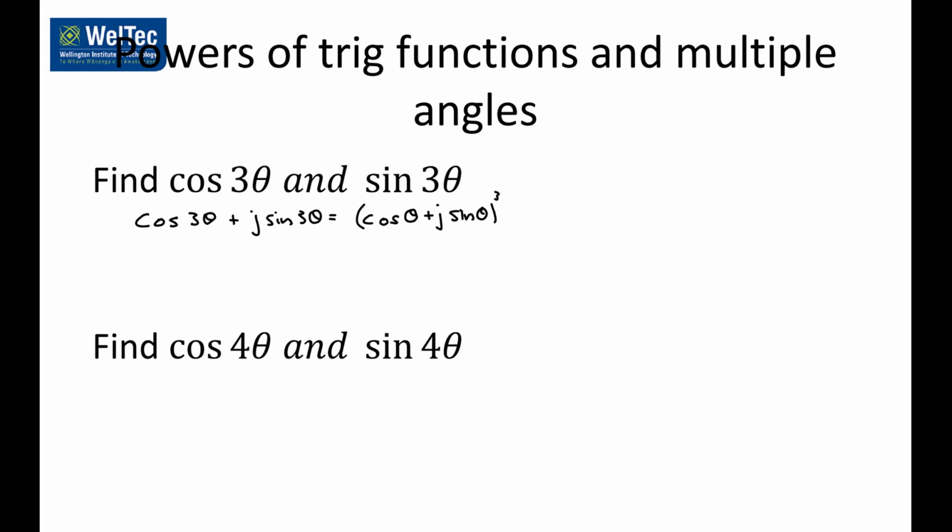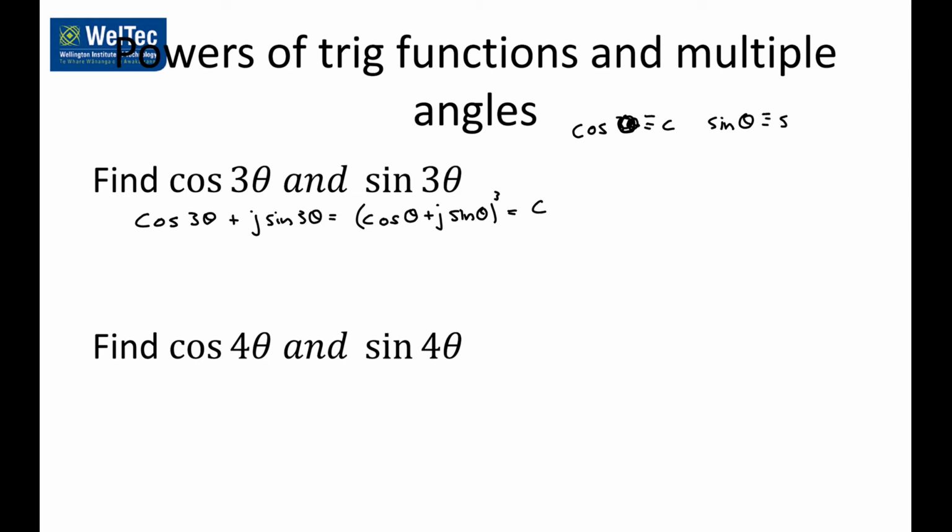Now, we can expand that using the binomial theorem, binomial series expansion. I have to write pretty small, so maybe I will just use C's and S's. Cos theta I'm just going to write as C, and sine theta I'm going to write as S, just because I've not got enough room.